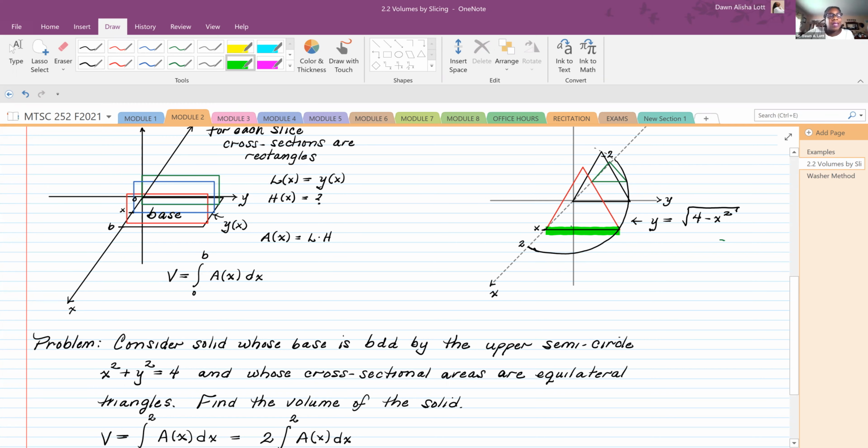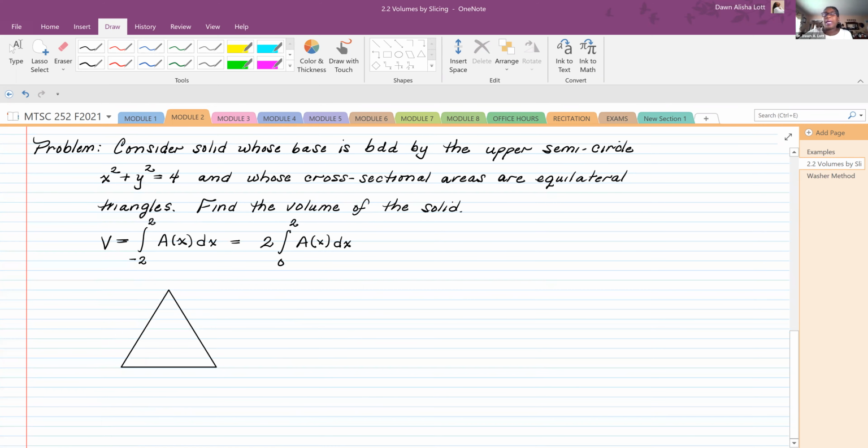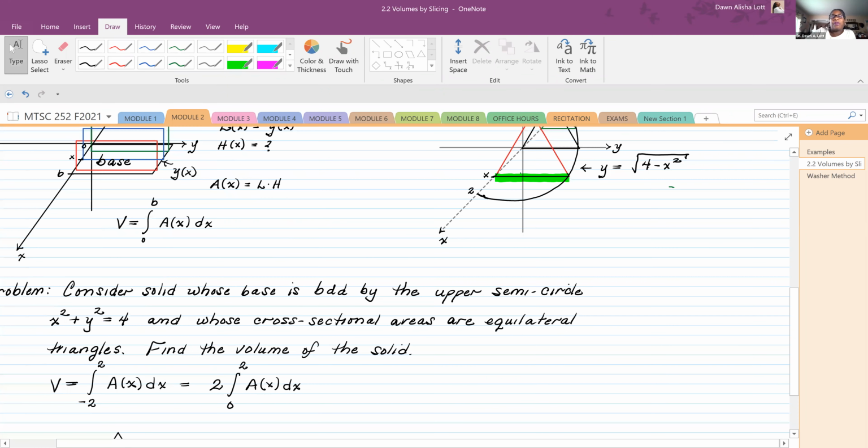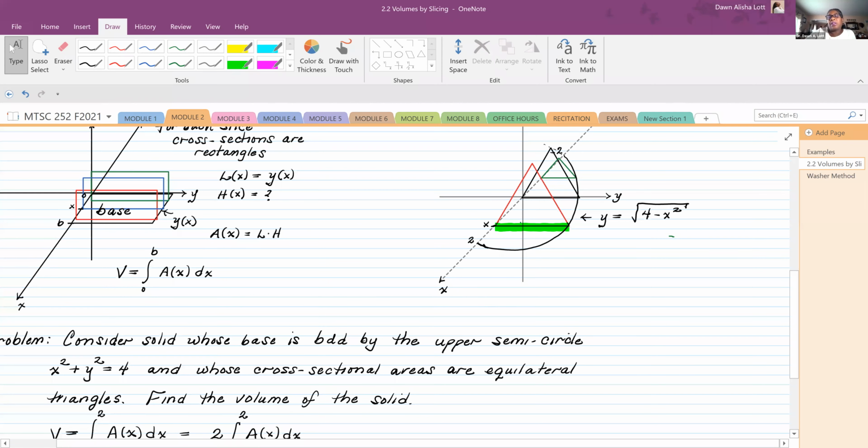So the length of that bottom length has to be the square root of 4 minus x squared, because this point right here is on the curve. If I've chosen x, then the top value right here is on the curve, so that length must be the square root of 4 minus x squared.